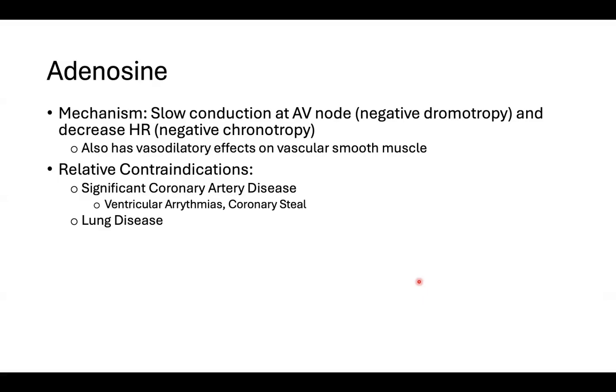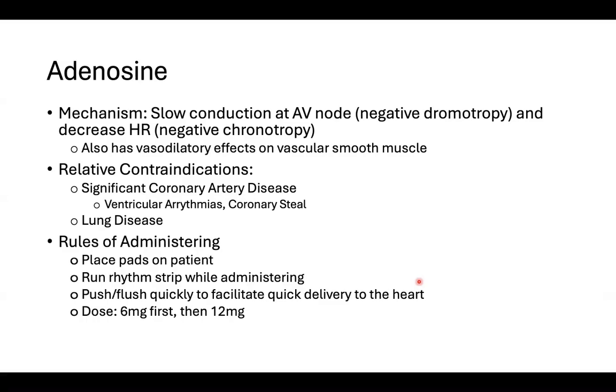And then in terms of some rules or pearls about administering it, you always want to have the pads on the patient. Again, this gets to the fact that if they were to develop a ventricular arrhythmia, you would immediately want to be able to intervene, running that rhythm strip to be able to see its termination. And then the half-life of adenosine is incredibly short.